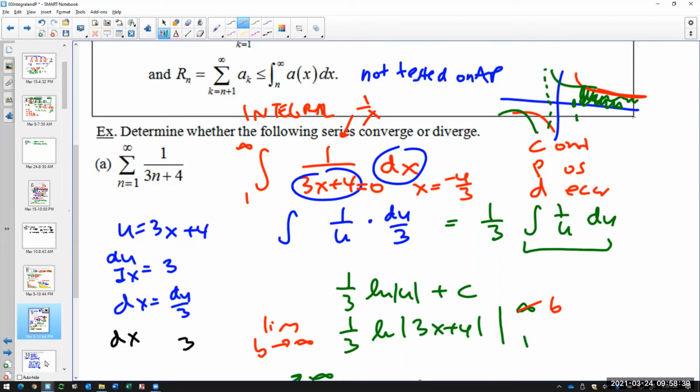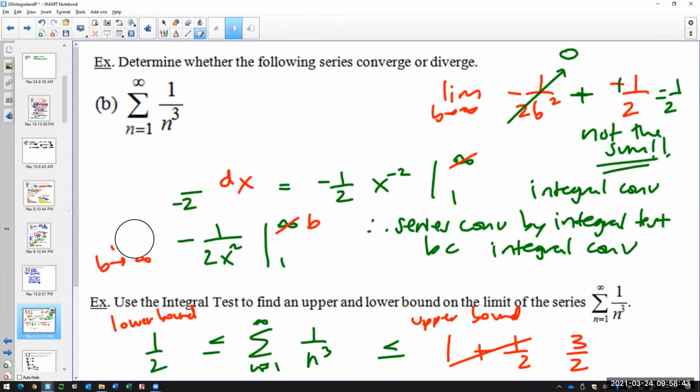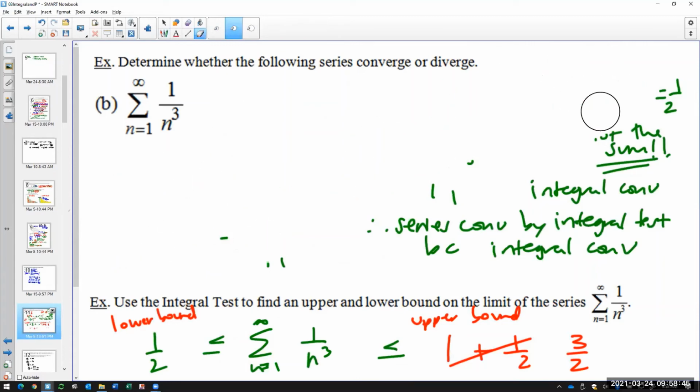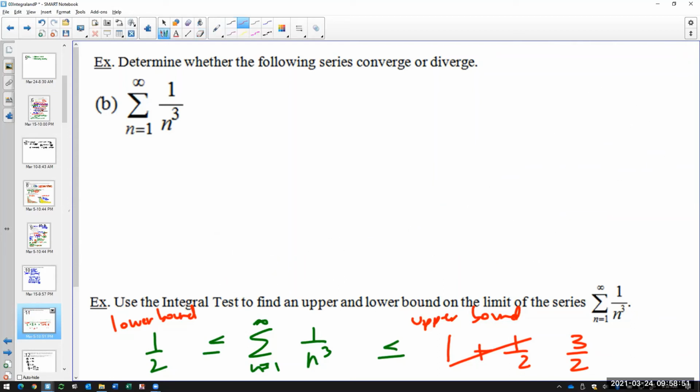All right, ready for another one? Let's look at this one. Let's go ahead and check CPD: continuous, positive, and decreasing. If I graphed it, it would look something like this, because as n gets bigger and bigger, this is going to go to 0.